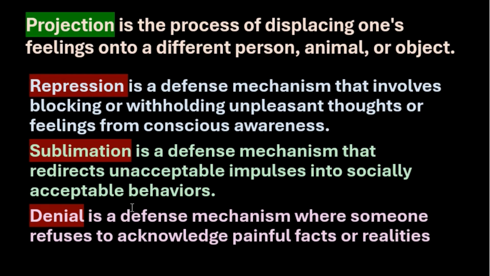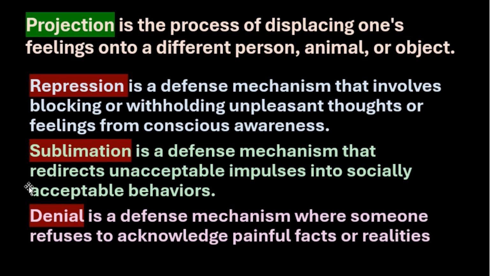Denial, everyone knows, is a defense mechanism where someone refuses to acknowledge painful facts or realities. Here the person denies or fails to accept, or is not ready to accept, the realities. That is denial. And displacement is another related defense mechanism in which the person displaces his emotion to a less threatening object.